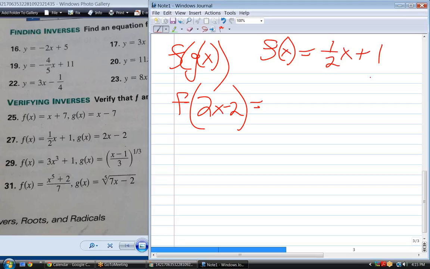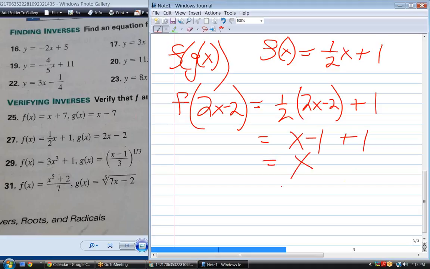So what's f of 2x minus 2? It's 1/2 times parentheses 2x minus 2, plus 1. Simplify: just x minus 1, so x, then plus 1, then x.